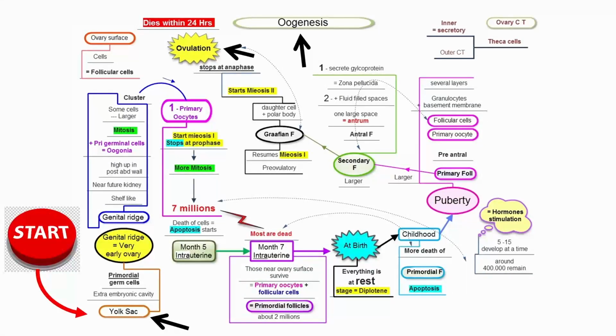So the 2N cells at this stage become 1N. And the Graafian follicle is going to start meiosis 2 and also stops at metaphase, and it is ovulated at the stage of prophase of meiosis 2. Once it is ovulated and thrown out, the oocyte dies within 24 hours.